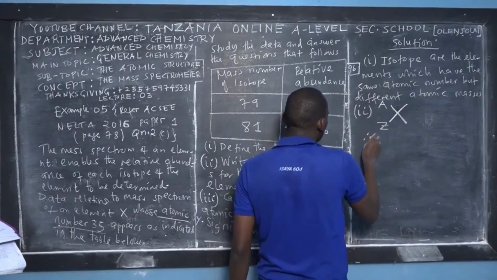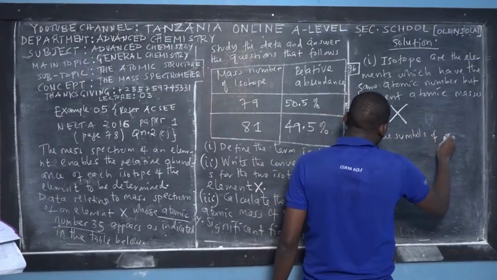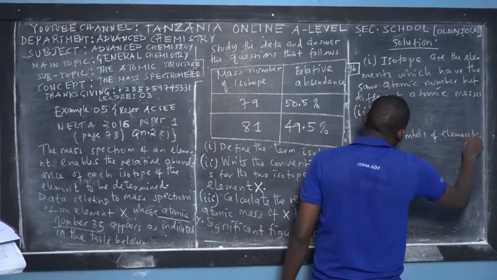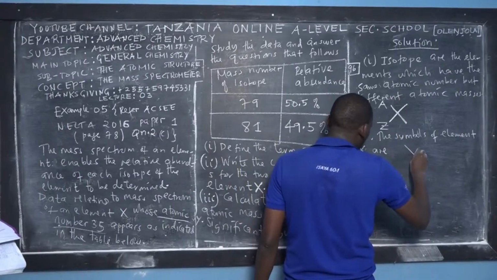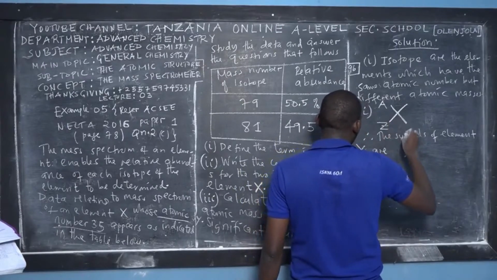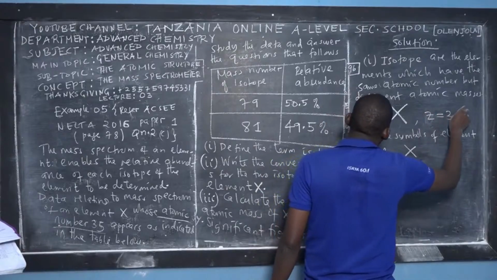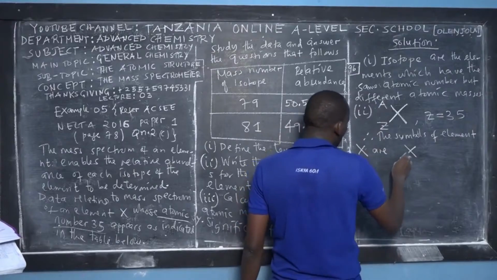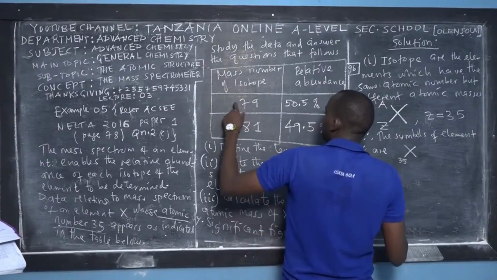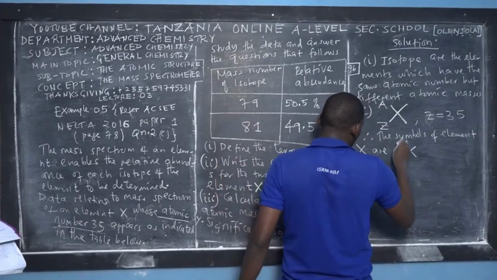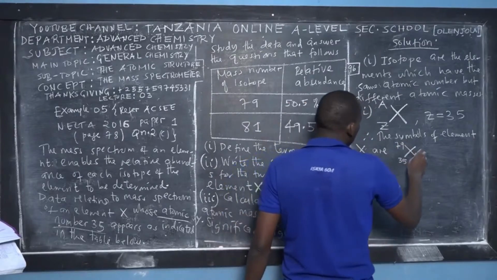So we say that the symbols of element X are this. For this case, because they have the same atomic number of 35, this is 35, and this is the atomic mass for the first isotope, which is 79.